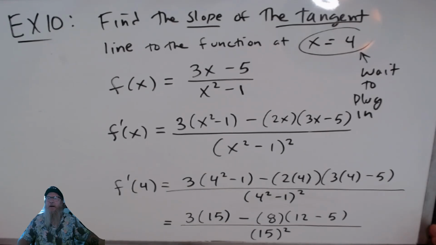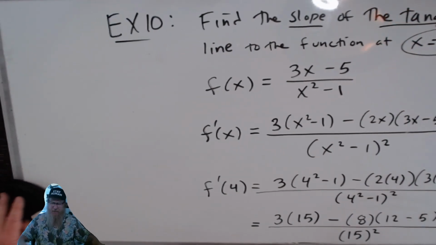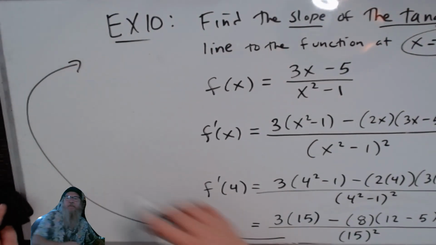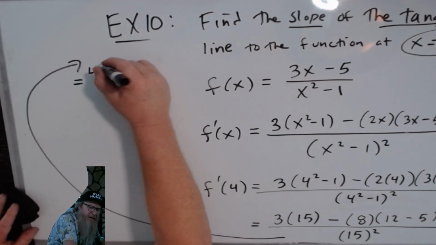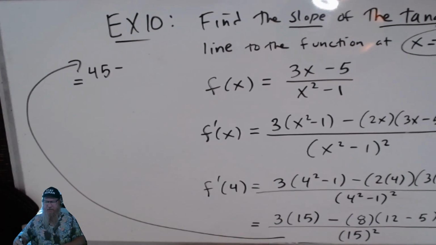I'm running out of space. Here, let's go over here. I saved a little space up here. I got 45. So that's the 3 times 15.